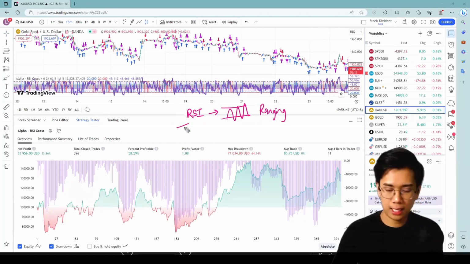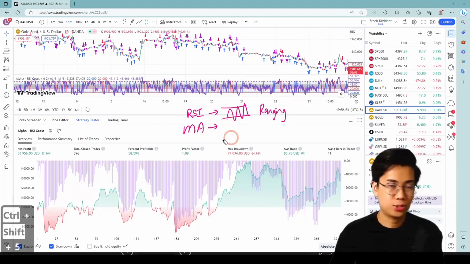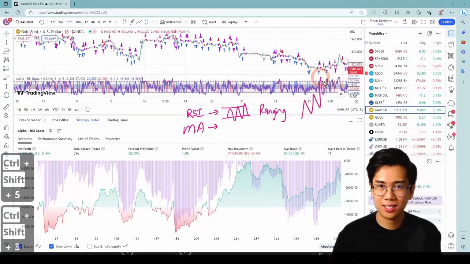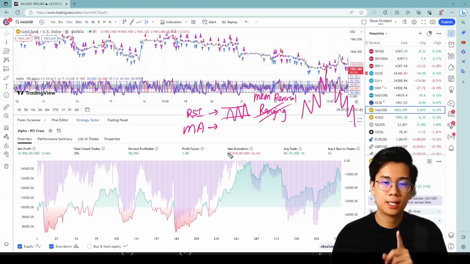For MA, that'll be good in a trending market. This is considered ranging. This is considered ranging. The right keyword to use is mean reversal. The real trending market is like this.